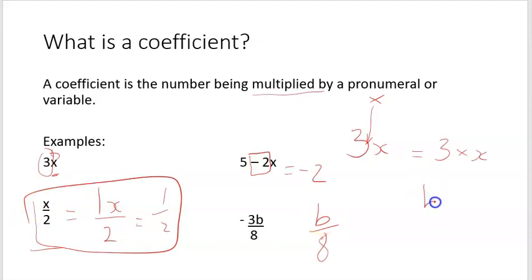So b on its own is the same as 1b. So the coefficient of b over 8 would be 1 over 8. But we don't have b over 8, we've got -3b over 8. So the coefficient is actually -3 over 8.